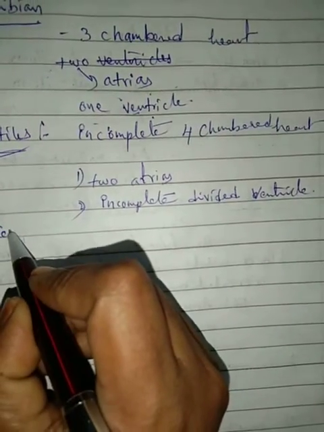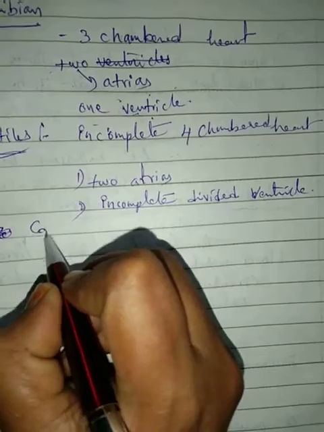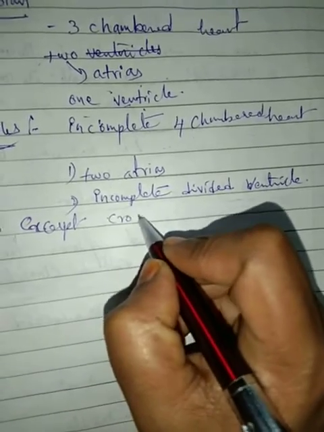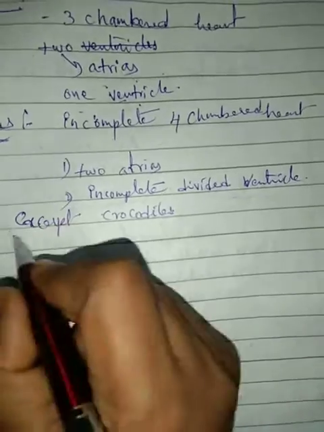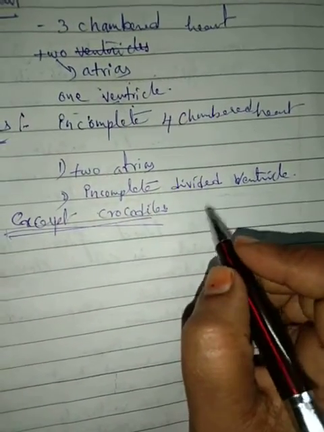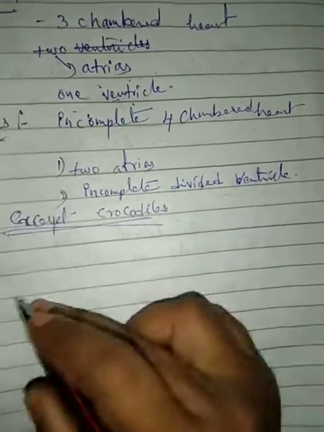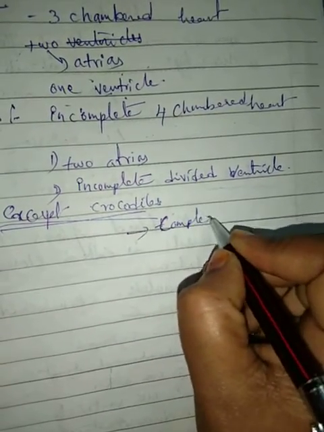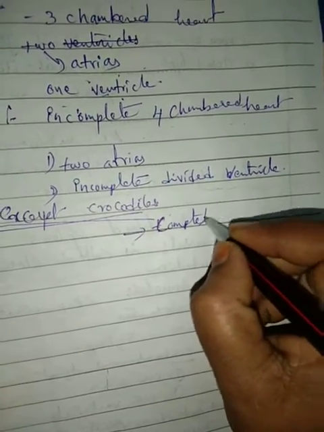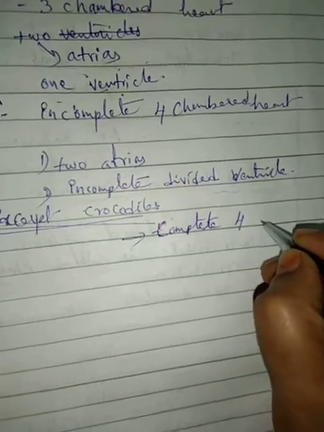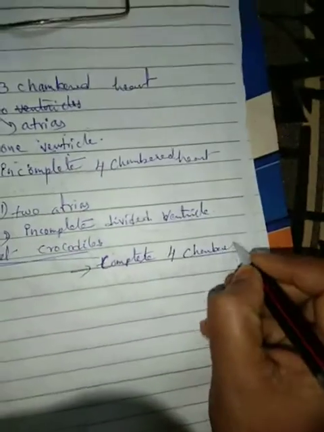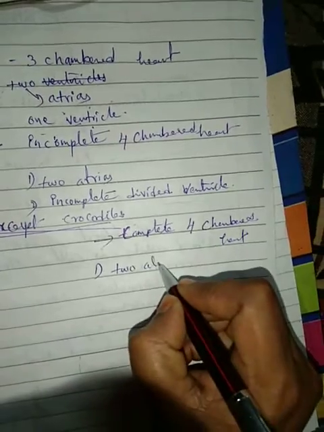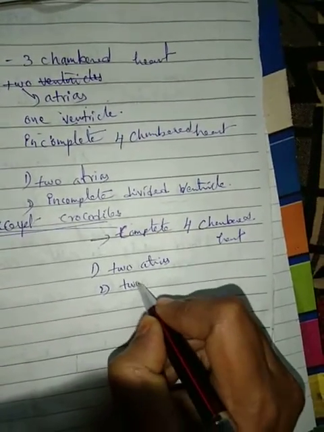Except crocodile. Crocodile has a complete four-chambered heart, two atria and two ventricles.